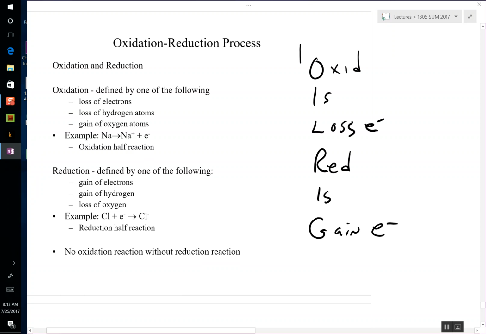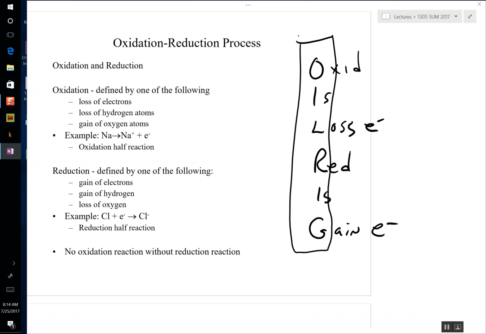So that's your OIL RIG acronym. Oxidation is loss of electrons, reduction is gain of electrons. In other reactions, precipitation reactions, acid-base reactions, there wasn't any exchange of electrons. There's no change in the charge of things.